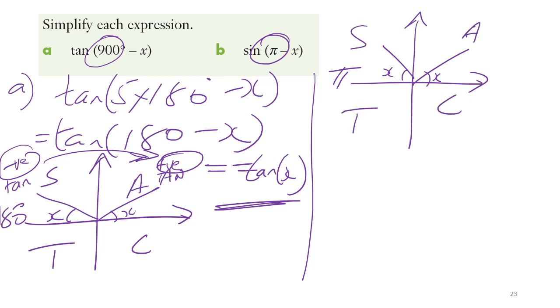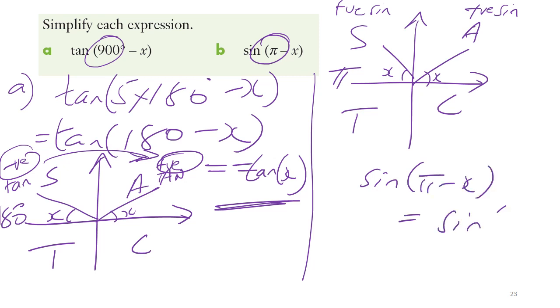CAST, use your CAST again. Sine, second quadrant, is sine positive or negative? Well, positive sine. First quadrant, also positive sine. So really, you can just write sine of π take x equals sine x because the sign wouldn't change. So your answer is just sine x.